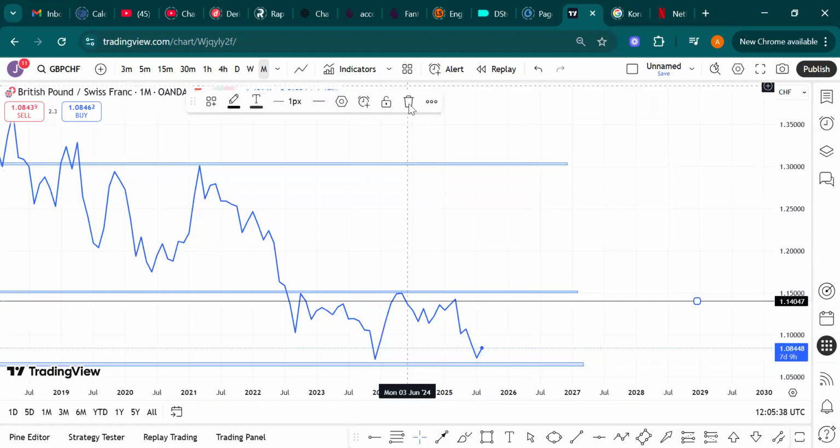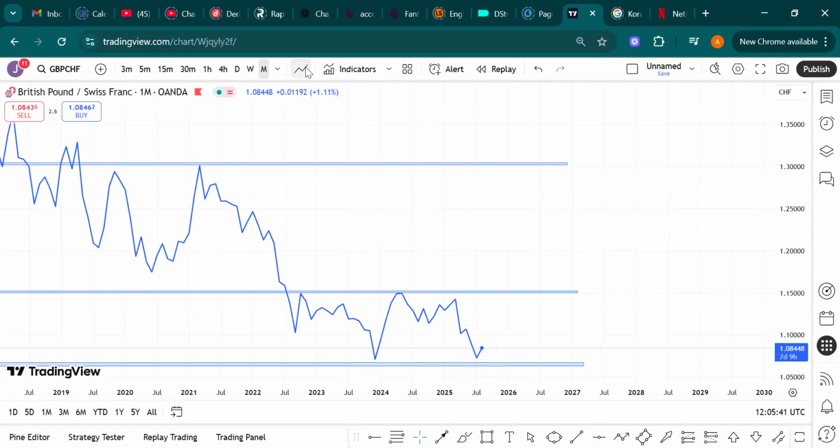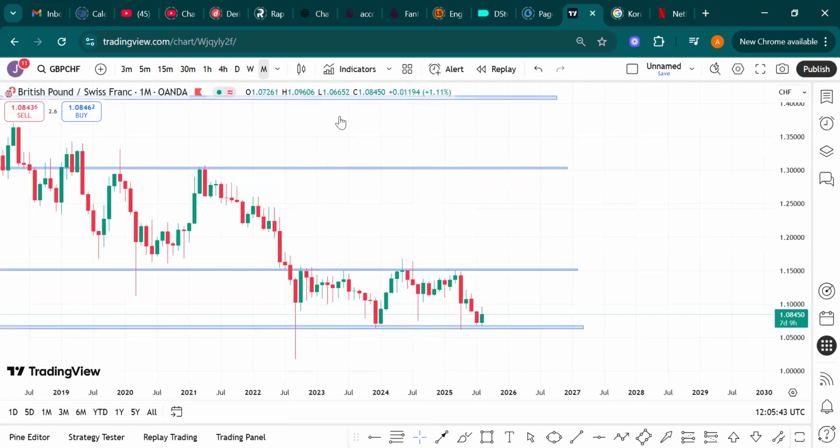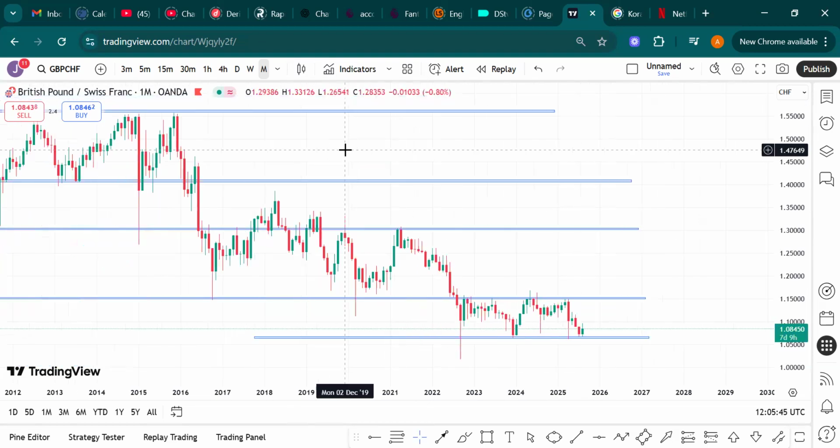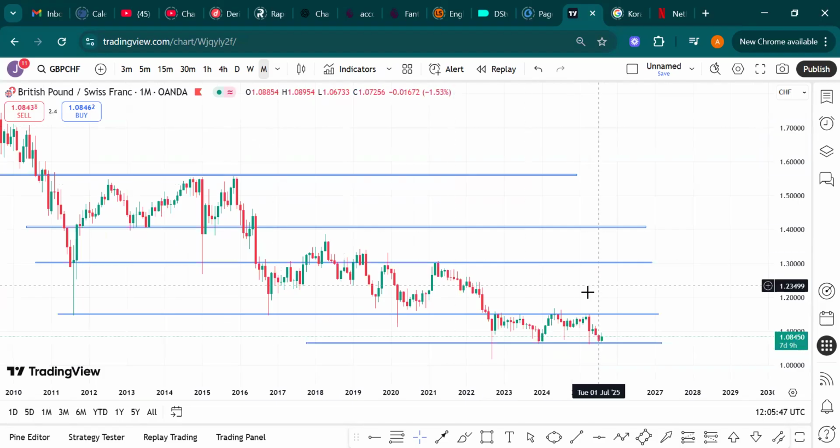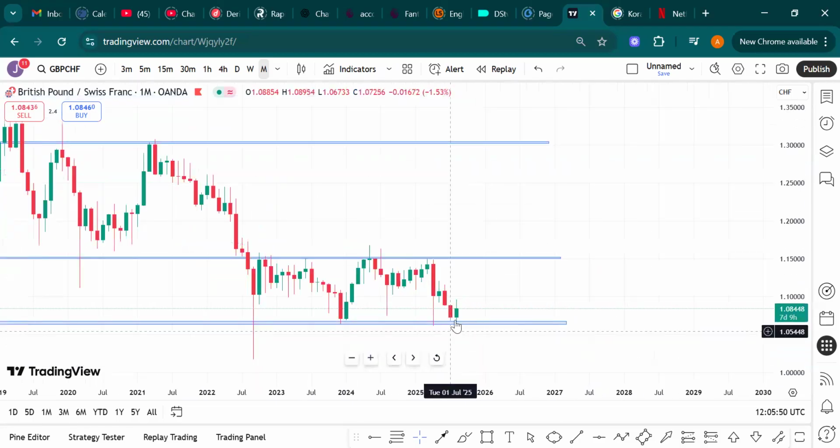So basically, the bias that I'm having just by merely looking at the monthly time frame is that even though price has been in a downtrend for a very long time, buyers are currently trying to push price upwards from a very, very strong key point of interest.